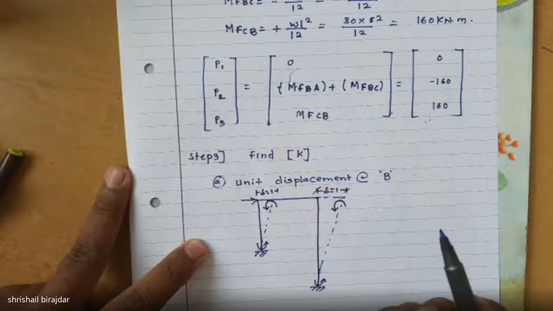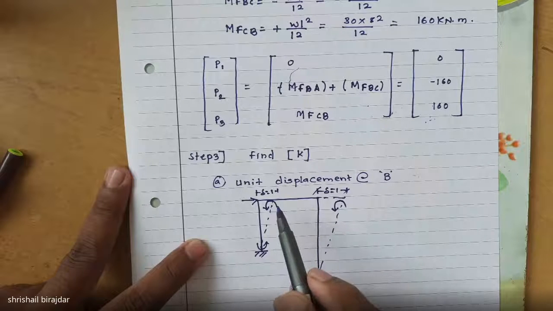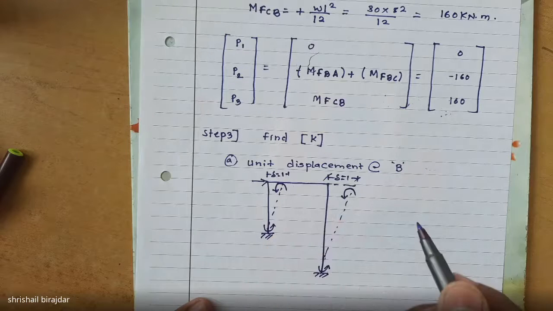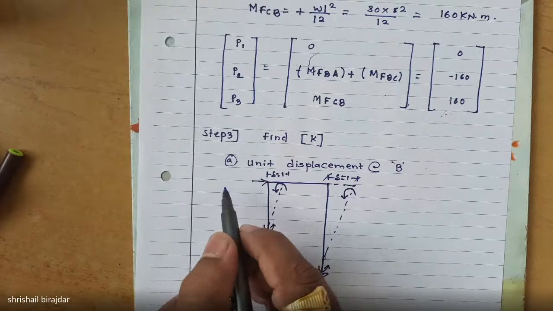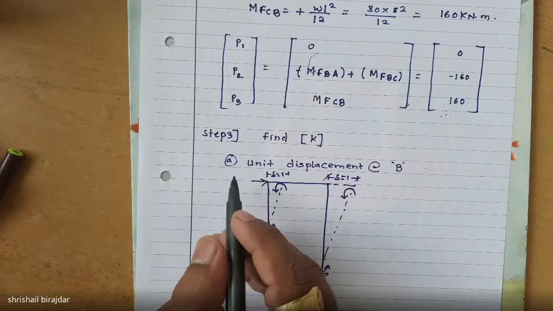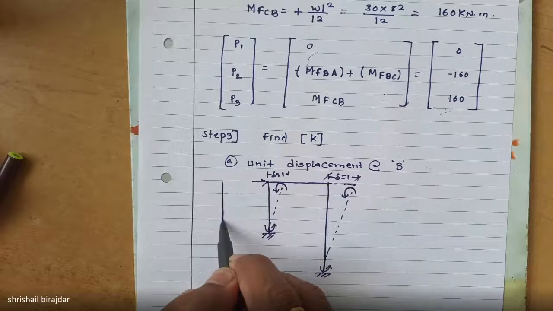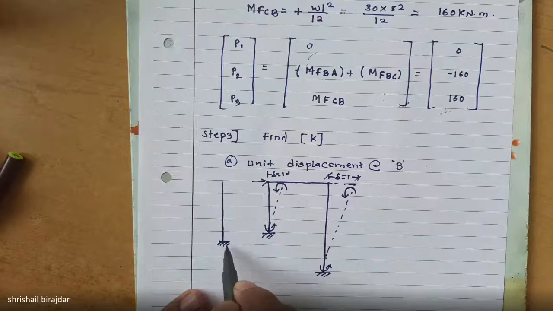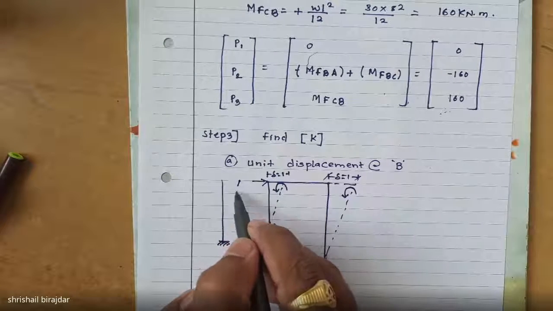Please tell me how much is the moment here. 6 EI. Correct, 6 EI. I am just trying to draw the free body diagram. Okay, this is the free body diagram.